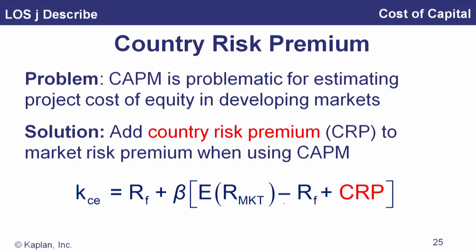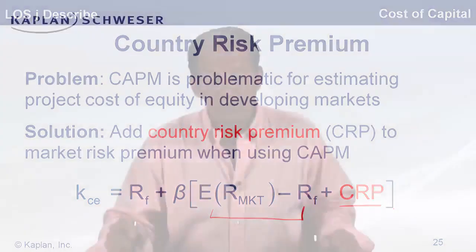So the premium you're going to get in equilibrium in these developing markets is the excess return over the risk-free rate, our market risk premium for our market, plus an additional premium for the additional risk and the extra returns for the additional risk of investing in this developing country.